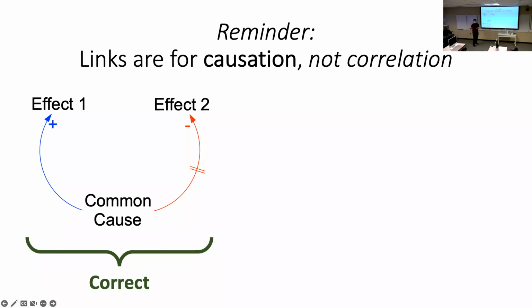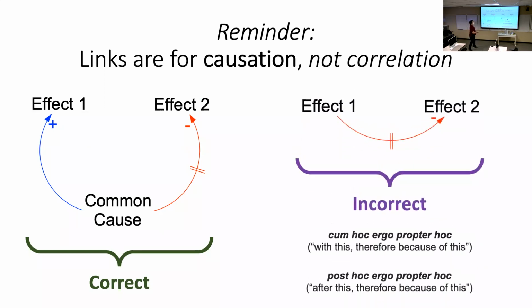And on top of that, it's going to look like effect 1 happens first, and then effect 2 happens in a predictable way. So if you were just describing the system to us, and we forgot about this common cause, we would be tempted to draw this link, because there is a negative correlation between effect 1 and effect 2.